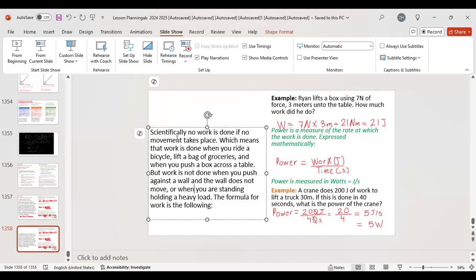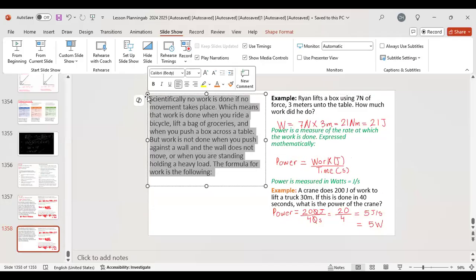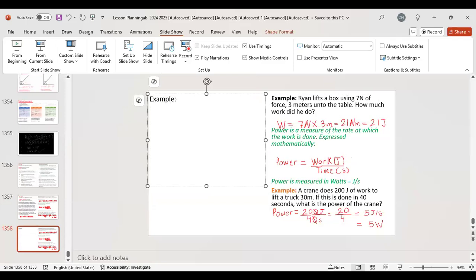So the next example: a crane does 400 joules of work to lift a car 50 meters, if this is done in 50 seconds. What is the power of the crane?